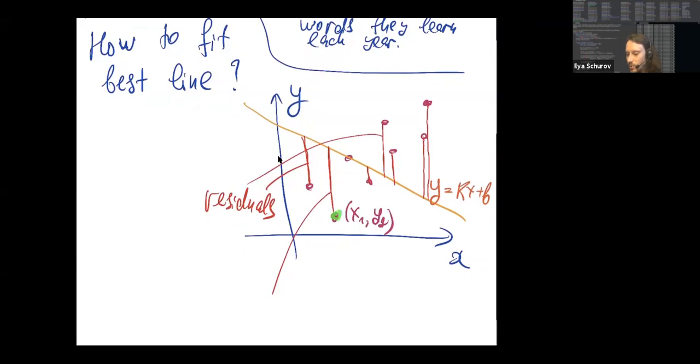If this is the point with coordinates x1, y1, and we assume that this straight line is given by the formula y equals kx plus b, where k and b are some fixed, at least for a moment, coefficients, can you find this difference? Just write it down as a formula.